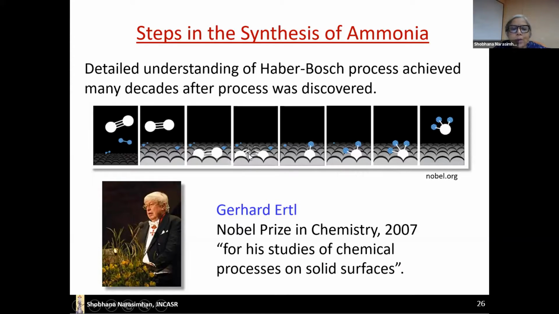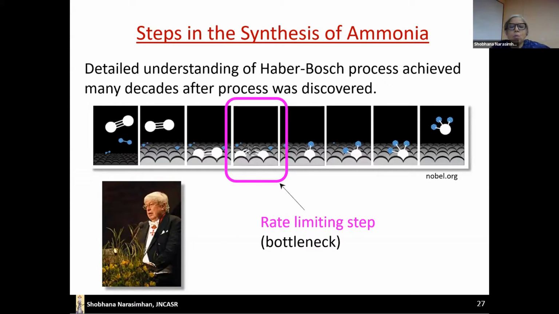And one of the important things that Ertl showed us was that the rate limiting step in this process is this one here, which I have circled here, which is where the nitrogen bonds in the nitrogen molecule are broken to form two nitrogen atoms.